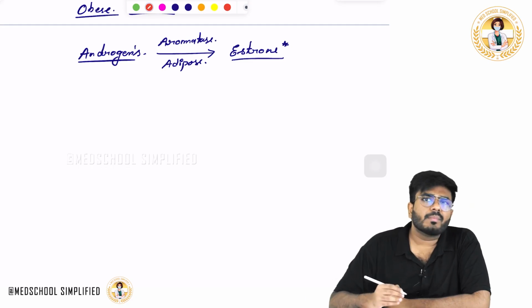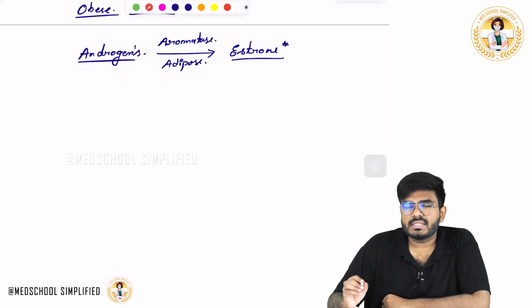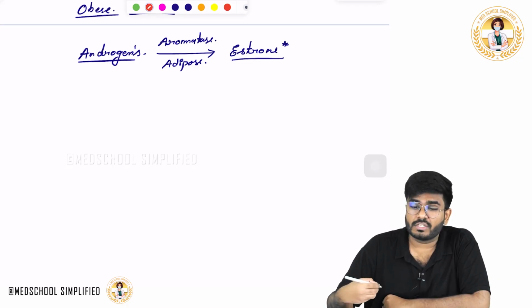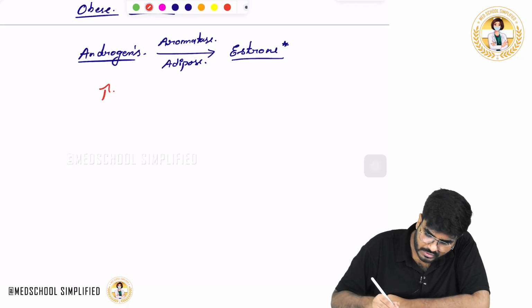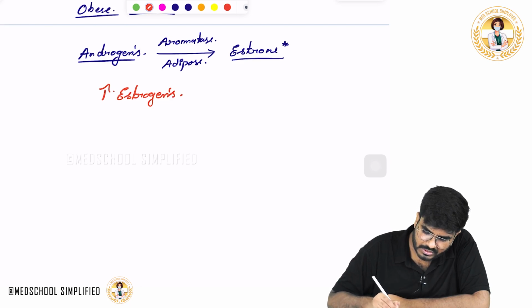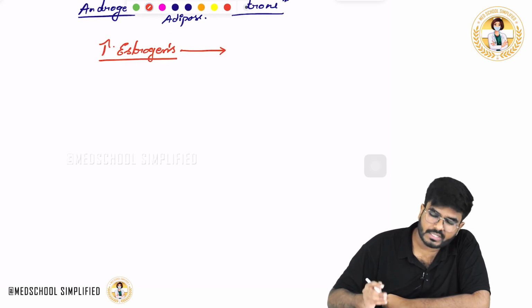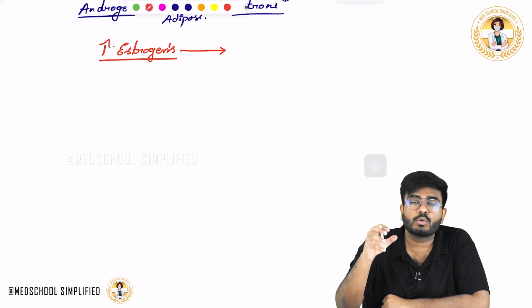And any female, doesn't matter whether fat or old, if a female is having hyperestrogenic states, with high levels of estrogens, is that good or bad? That's definitely going to be bad. Why? High estrogens are going to be bad because estrogen is like a stimulant for the growth of the endometrium.